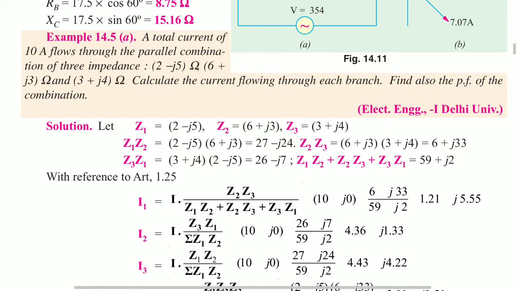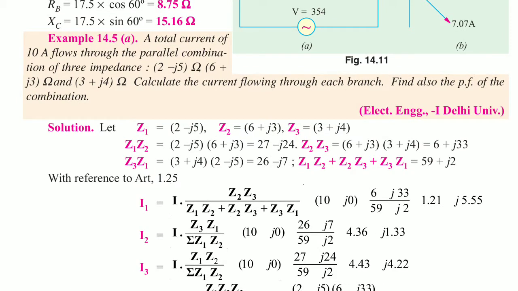A total current of 10 amps has been given, that is I, which flows through the parallel combination of three impedances, Z1, Z2 and Z3, as given.